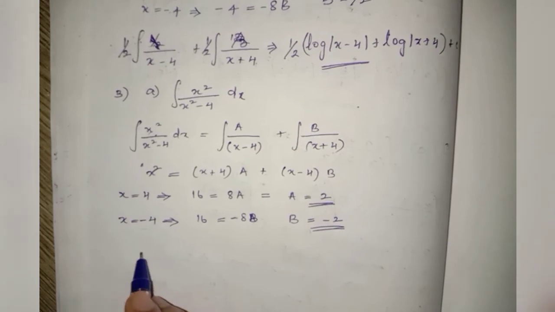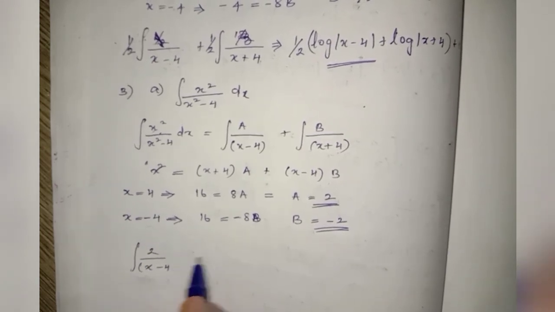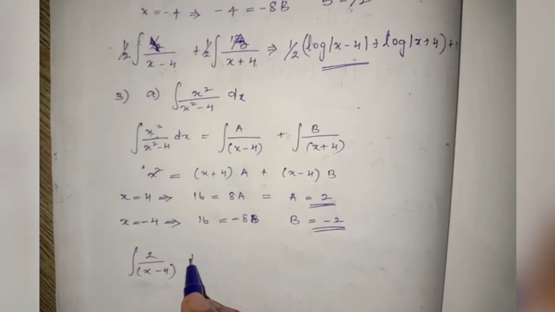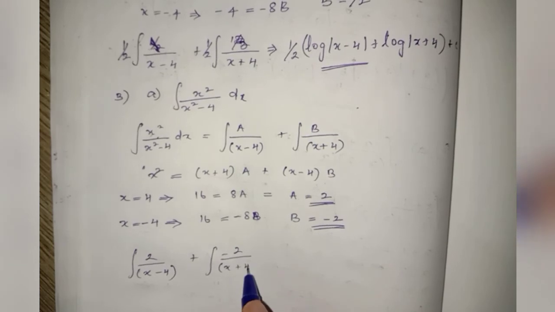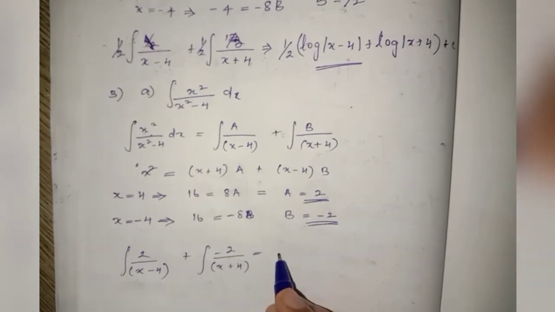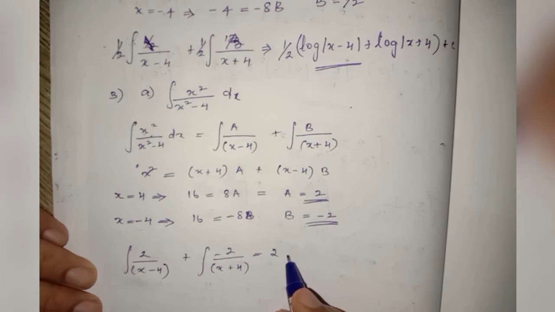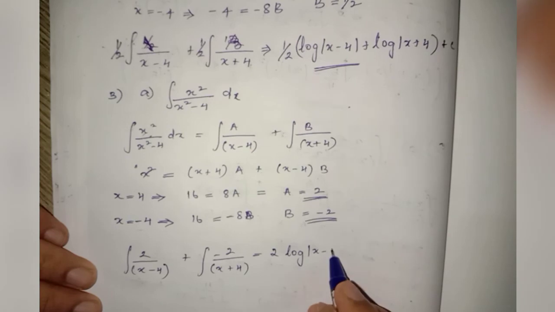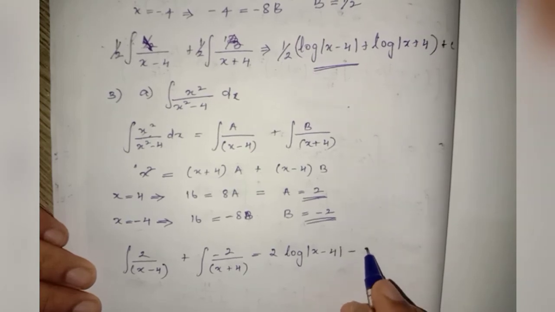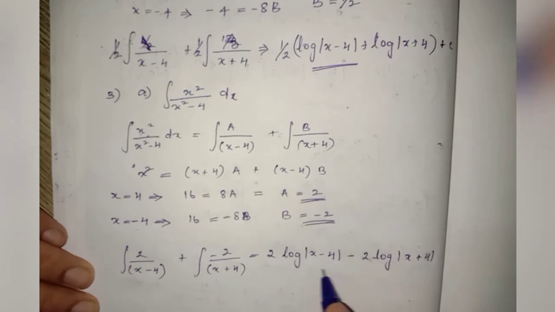Now if we write the problem, we get 2 by x minus 4 plus minus 2 by x plus 4. This is equal to 2 log x minus 4 minus 2 log x plus 4. So this is the final answer.